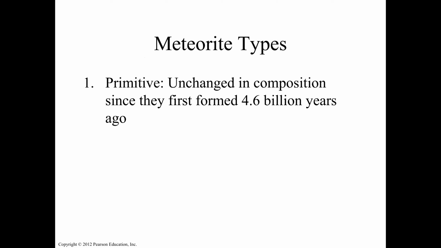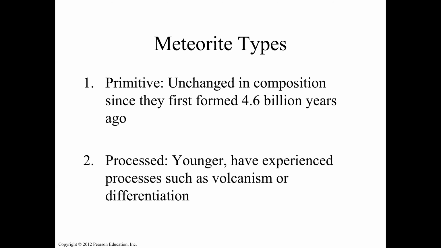And one of the reasons that we know that our solar system is 4.6 billion years old is because we have the meteorites. We have these asteroids that survived their trip through the atmosphere. Now they're on the ground. We get the sample, we examine the sample, we find out how old it is. Okay. The second one is processed. They are younger. They have experienced processing, such as volcanoes or differentiation.